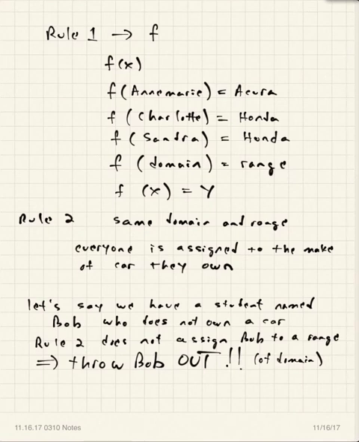And this is true for any function that we talk about in algebra. If you have a domain value that's not assigned to something, it is thrown out of the domain automatically. You may look at this rule as something that's not as mathematical as some of the ones we're going to look at later, but it's just as mathematical as anything else. We do exactly the same thing anytime we see a domain value that's not assigned to a range.